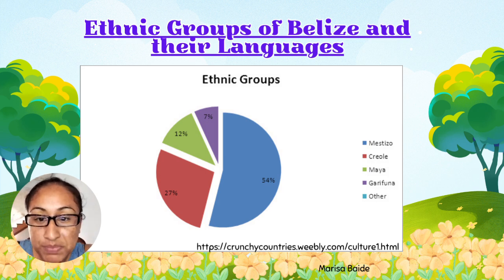There are other ethnic groups in the country of Belize, such as the Mennonites, the East Indians, and the Chinese, etc., but they're not shown on this chart.